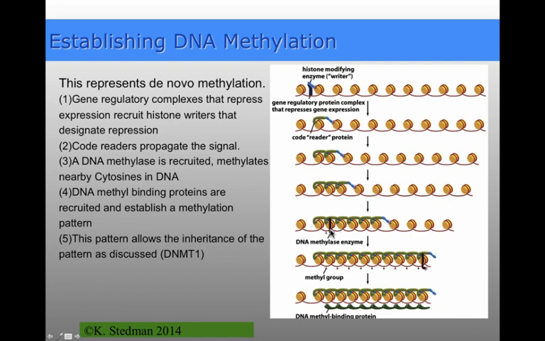Once you have this DNA methylase which binds to your modified histone, it will methylate all of your DNA through here, and then these DNA methyl binding proteins will compact the DNA. And so this is classic of what's happening in heterochromatin. It's also to some extent what's happening, we'll talk a little bit more about the details there, with X chromosome inactivation as well. So that's these histone modifying enzymes, also known as histone writer complexes.